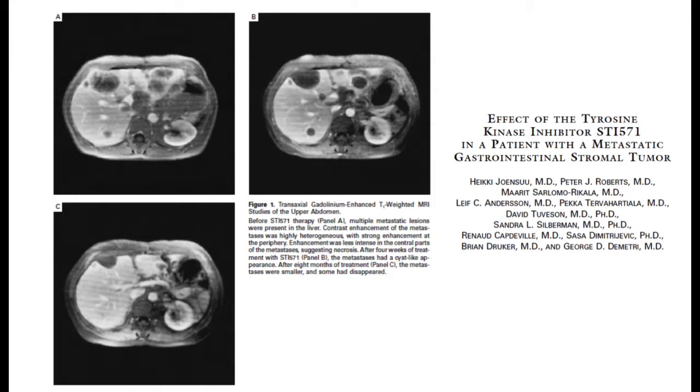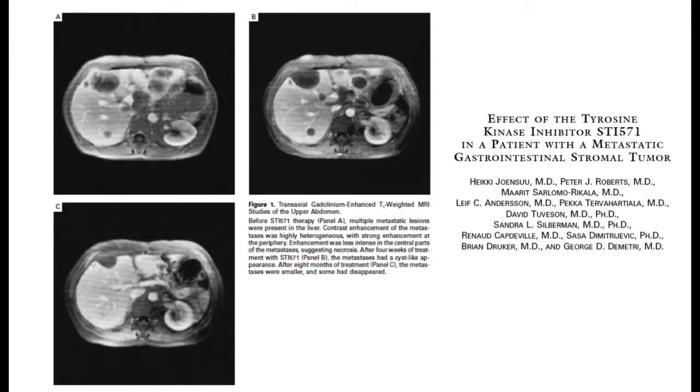And you can see in panel A, the upper left panel, this patient had metastatic GIST with disease in the liver. And panel B is after, I think, about 4 weeks of treatment. And then panel C is 3 or 4 months after treatment. So they had quite a remarkable response and healing of the liver.